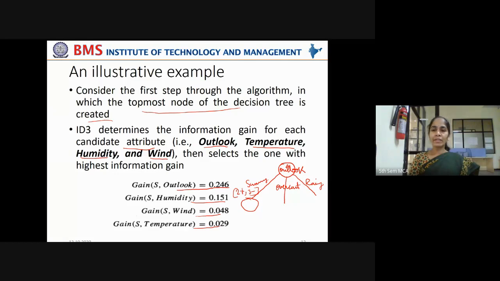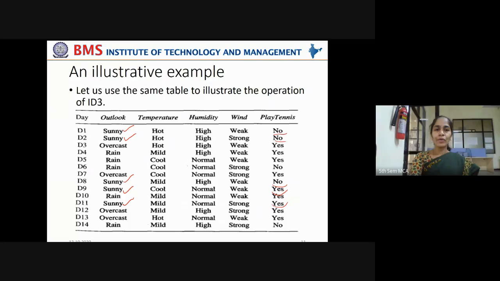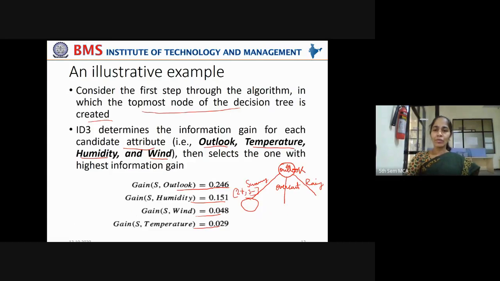Now come to overcast. For overcast, the outcome label is yes. For the second overcast, it is yes. Third and fourth also it is yes. Means out of 4 training examples having outlook value as overcast, all are positive, no negative examples.